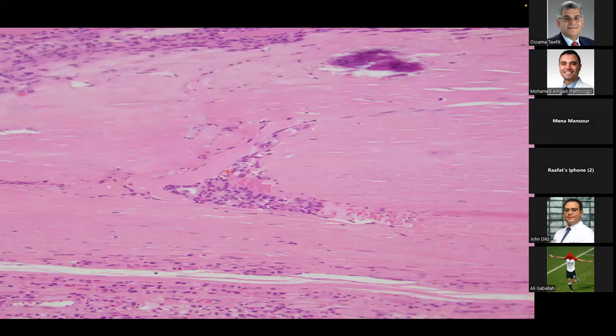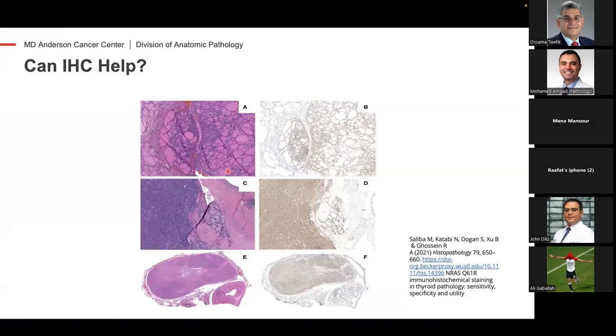But right now, with RAS, if you have a RAS mutated lesion, or if you run a RAS IHC, it can help you. For example, the photo's not that great, but here you can see that there's a break in the capsule, and when you do RAS IHC, you can see that it's positive inside and outside the capsule.